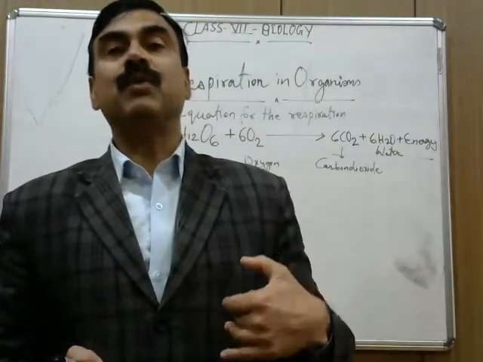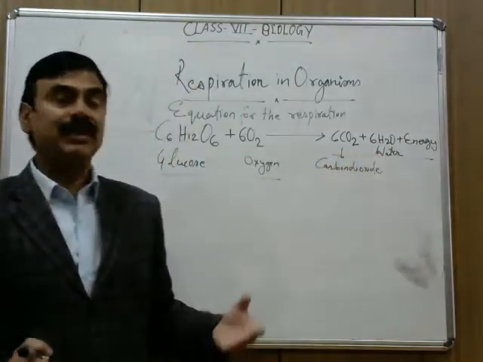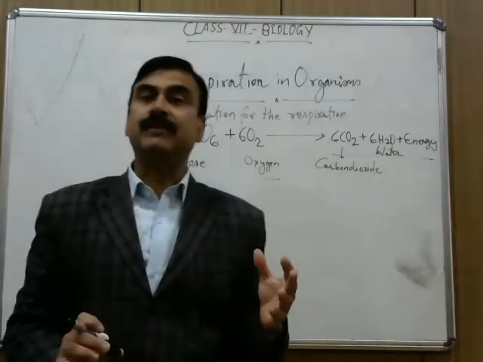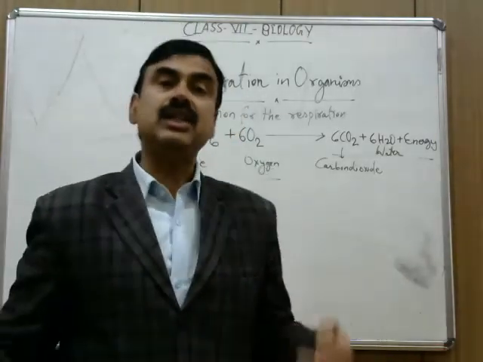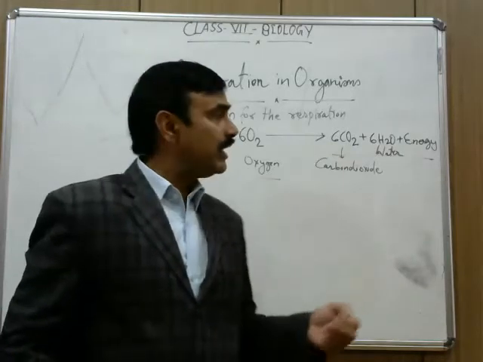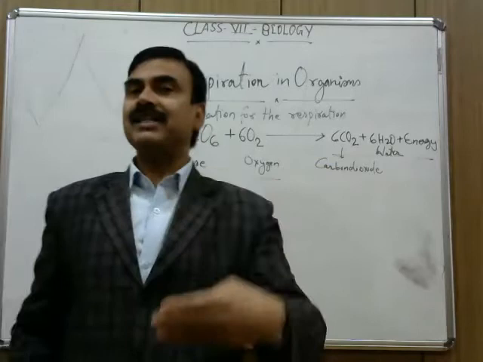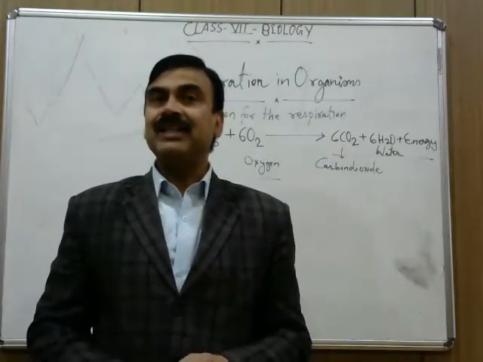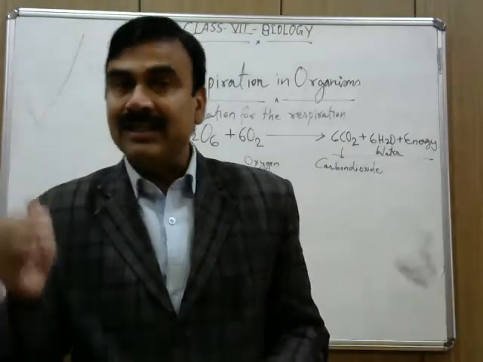The glucose is broken down into water and carbon dioxide in the presence of oxygen. So it is very clear that respiration is giving out carbon dioxide. Which gas are we releasing, children? In respiration, we are releasing carbon dioxide.